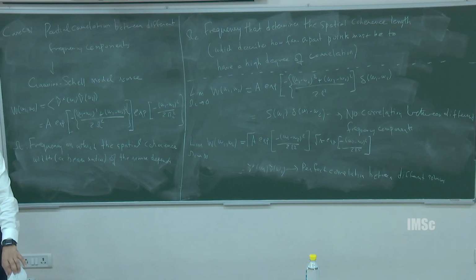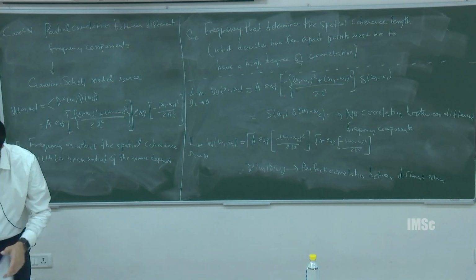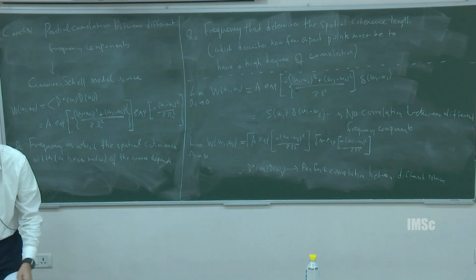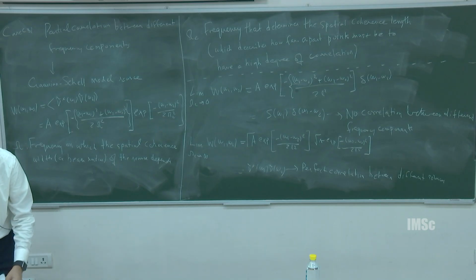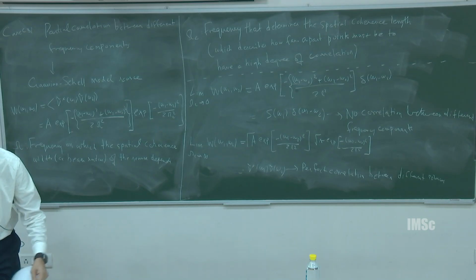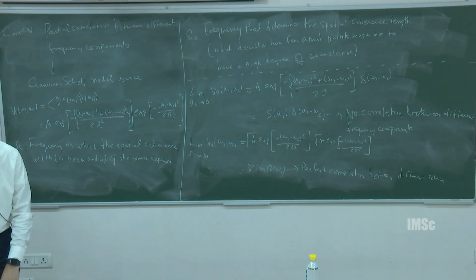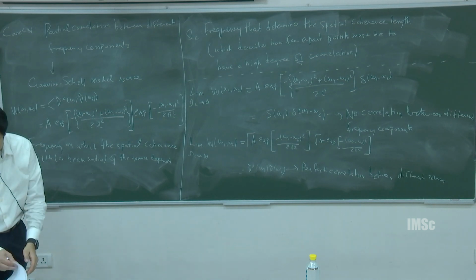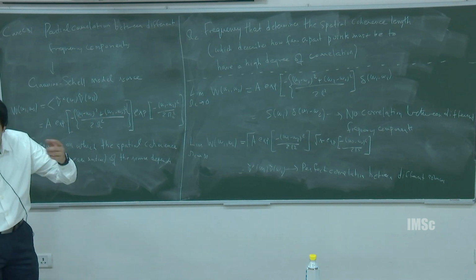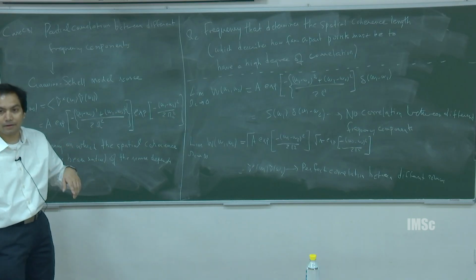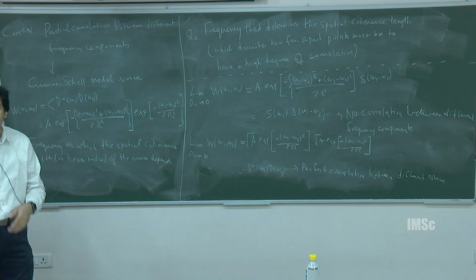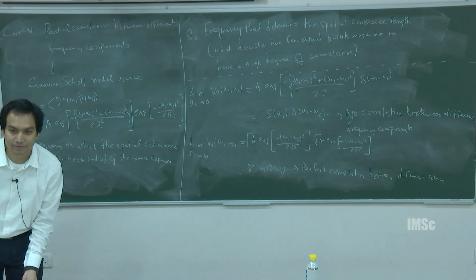So we'll stop here today, and we'll meet this Friday at 2:15, the same time, and we will quickly consider the special case of a stationary quasi-monochromatic field with Gaussian spectrum, and see how the coherence time and the bandwidth of the spectrum are defined, and then we'll move on to spatial coherence.